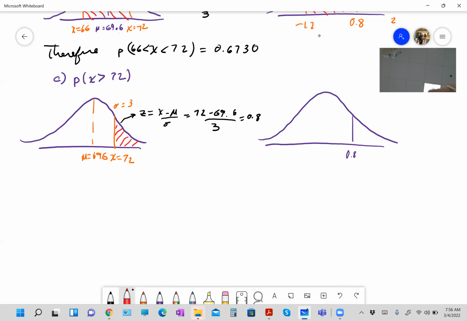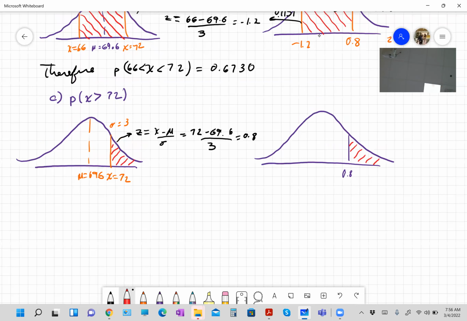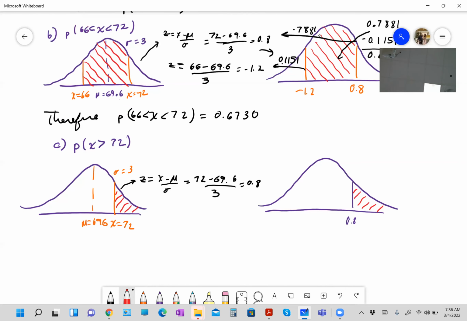So what we want to do is find this area here. Right? What's the area to the left going to be? Well, we just did it. It was 0.7881. Now notice, why did I shade to the right? Because the probability of X was greater than, because of this inequality symbol here, which said greater than.